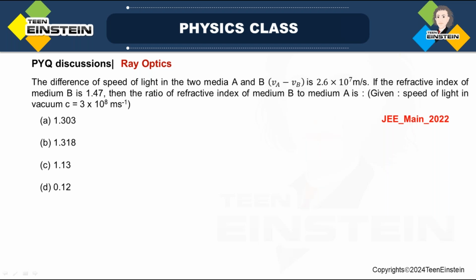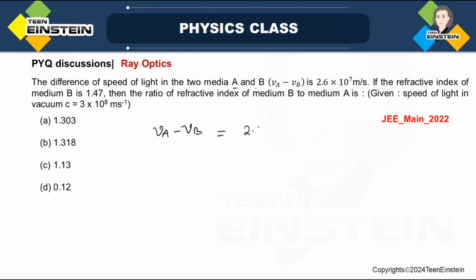So what is this problem saying? It is saying that the difference of speed of light in two media A and B. So there are two media A and B. The corresponding speeds of light in the media are vA and vB, and their difference vA minus vB is given.